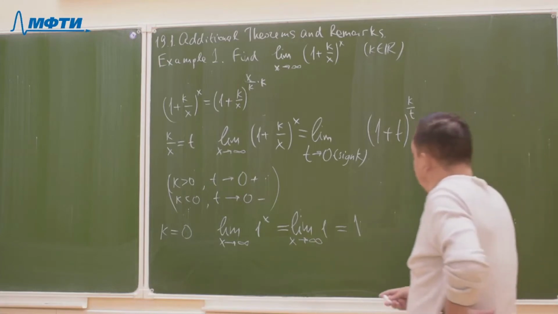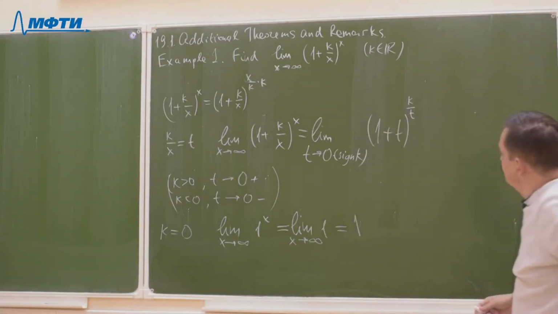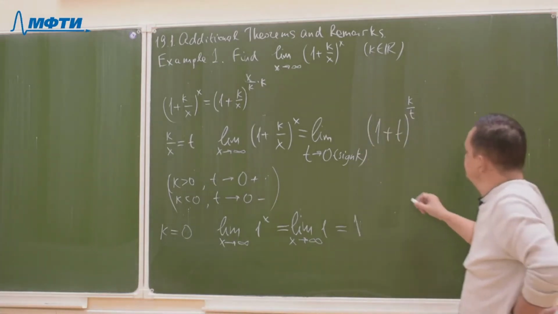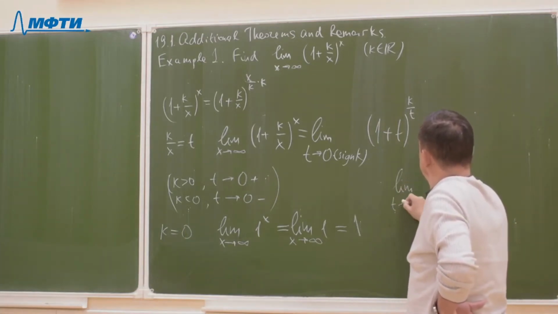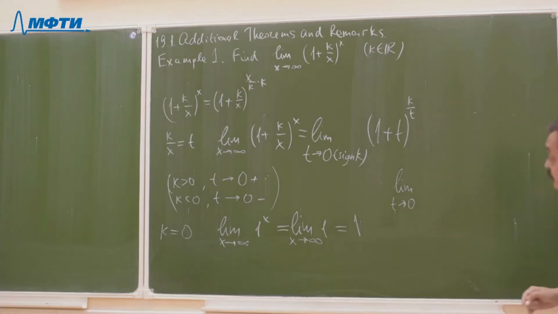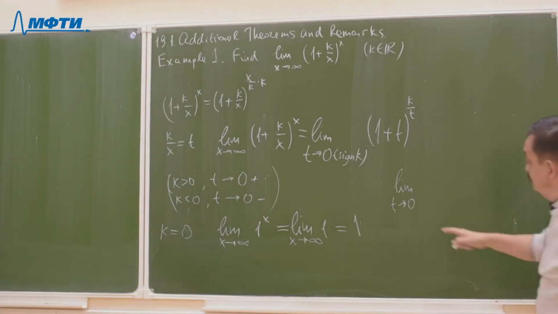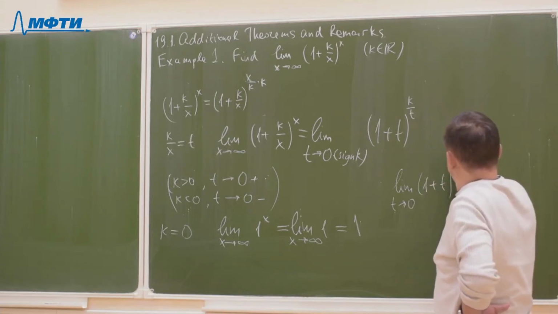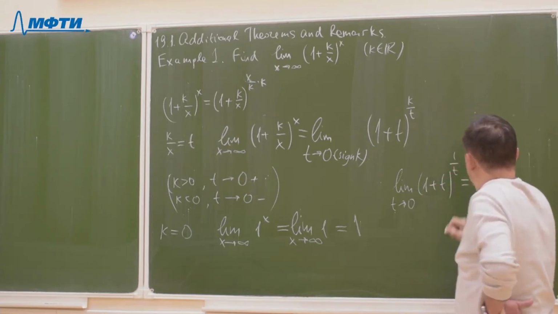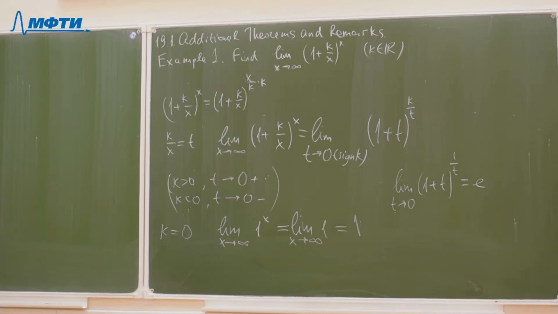And now we'll use the limit as t tends to 0, it doesn't matter with which side we choose. That is a version of the second remarkable limit. We know this, right? So then how can we proceed after that?